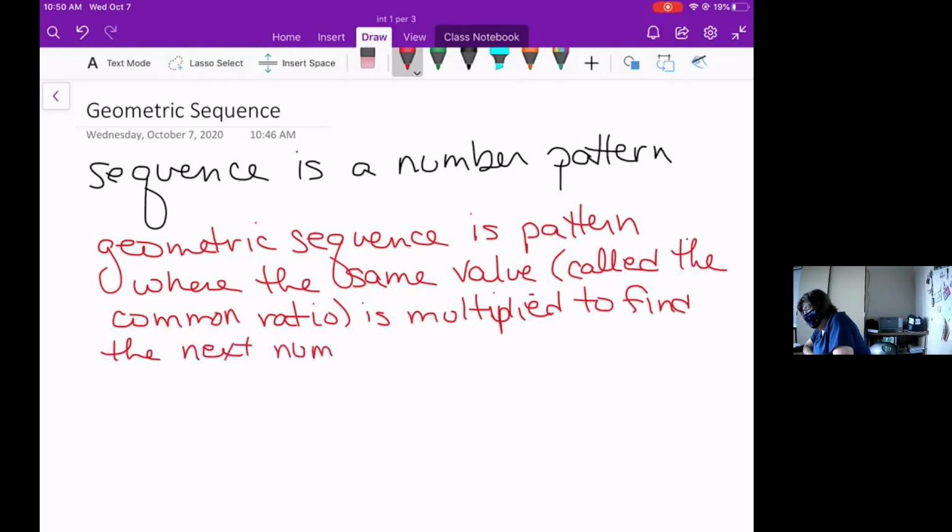And we're going to get a little bit more formal on it, but for right now, that's the basics of it. Each of those numbers is called a term.